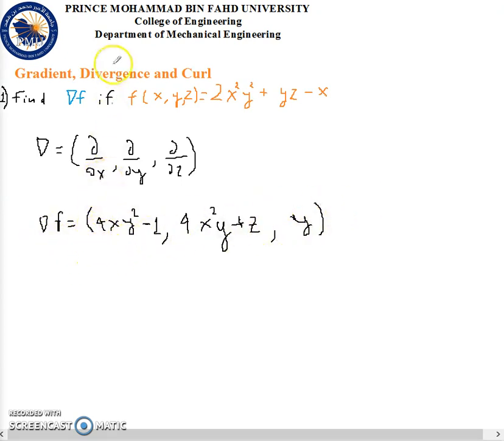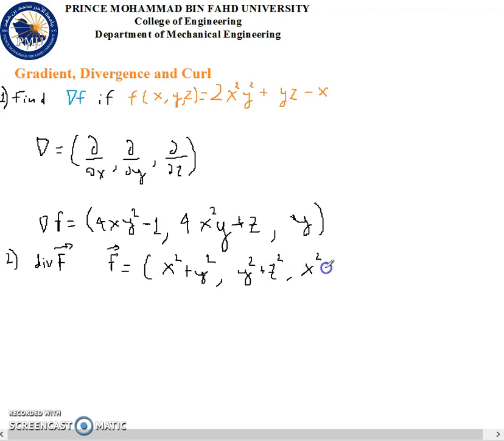Now, for the divergence and the curl, the function f needs to be a vector. So we want to find the divergence of f, where f is going to be a vector with 3 components, let's say x squared, y squared, and z squared.